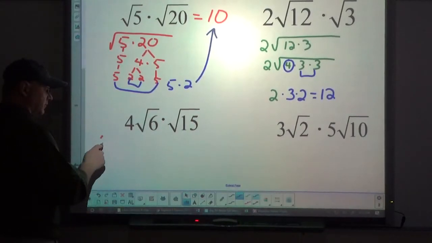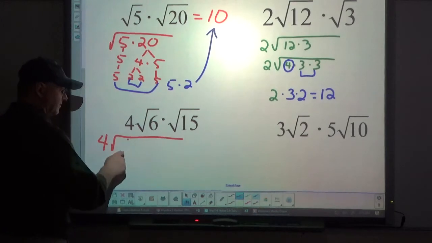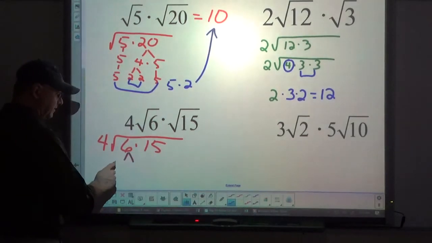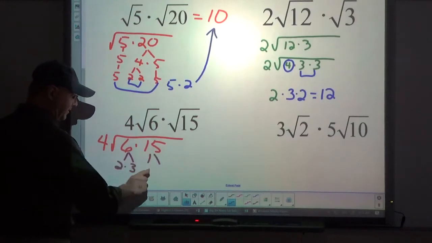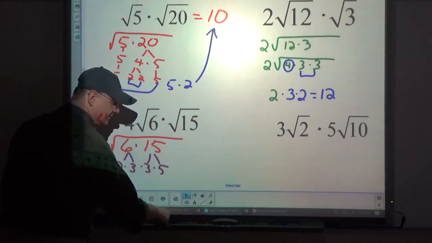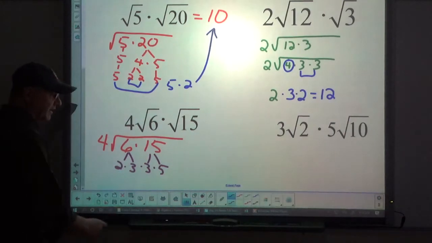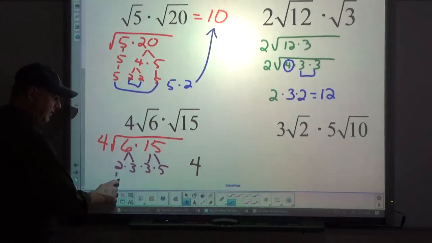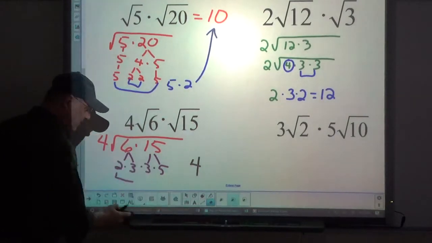All right, 4 square root 6 times 15. We'll break these apart. 2 times 3, 3 times 5. All right, so watch what happens here. I've got my 4 on the outside. I've got a pair, oops, that's not what I wanted to have.